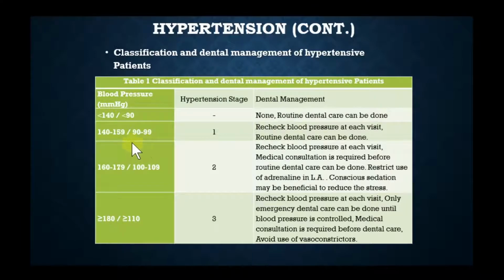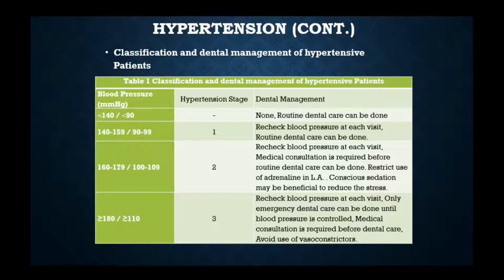On the other hand, if the blood pressure is greater than these numbers, for example, from 160 to 179 systolic or a diastolic from 100 to 109, these are stage 2 hypertensive patients, and special precautions need to be taken. We need to recheck the blood pressure at each visit, and medical consultation should be obtained from the supervising physician before giving any dental treatment.